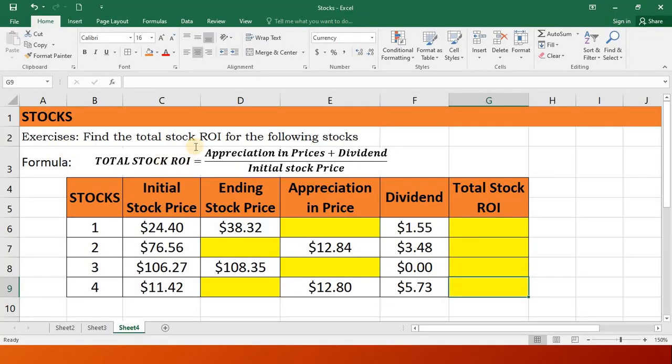Exercises. Find the total stock ROI for the following stocks. Take note of the formula. The total stock ROI is equal to the quotient of the sum of appreciation in prices and dividend and initial stock price. So stock number 1. The initial price is 24.4 US dollars and the ending stock price is 38.32.